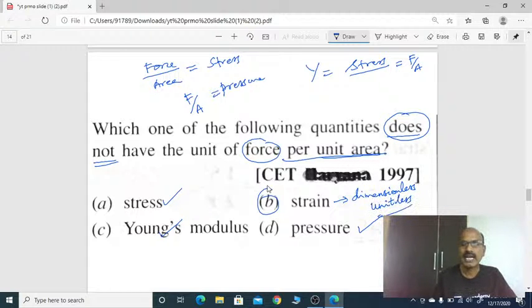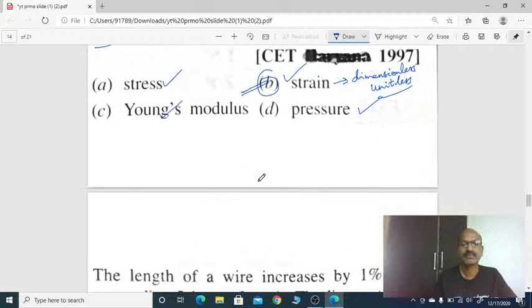So strain is a dimensionless and unitless quantity which does not have the unit of force per unit area. Remaining all are force per unit area. So correct option B. Strain is the correct option which does not have the unit of force acting per unit area. Let us go for the next question.